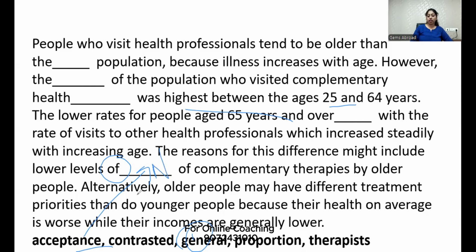So the last answer is your acceptance. Okay, and over, dash with the rate of visits, the lower rates of, and over dash with the rates of the professions which increase steadily with increasing age. What would be the answer for this one? Again, over proportion with the over contrasted with the rate of visits or complementary health dash.